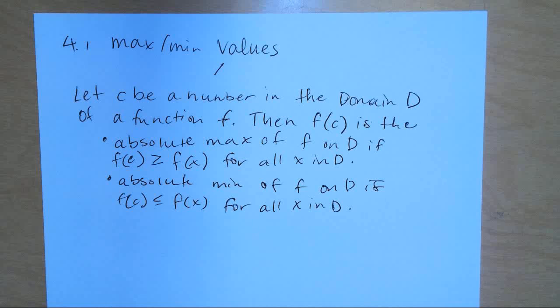If there is a lowest y value, it doesn't matter how many times the function attains that lowest y value. If there is one, then that's the absolute minimum.